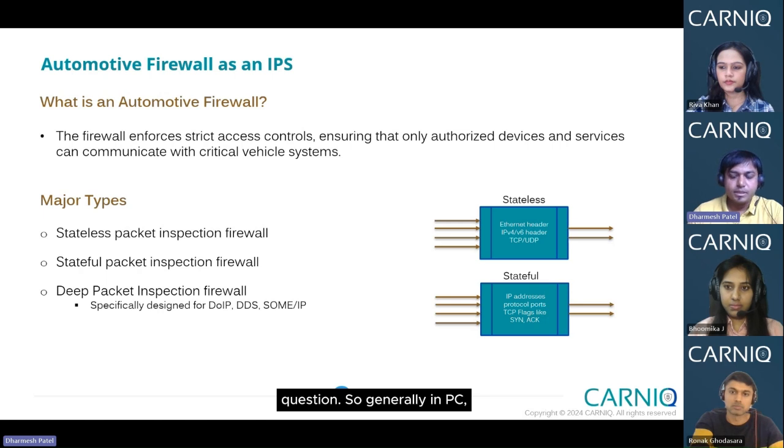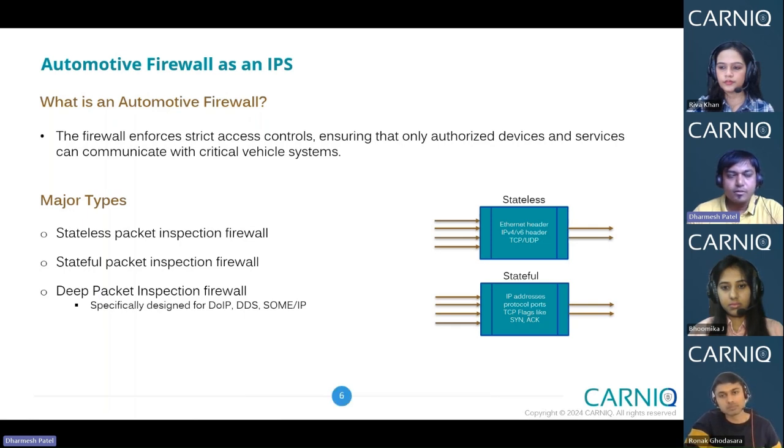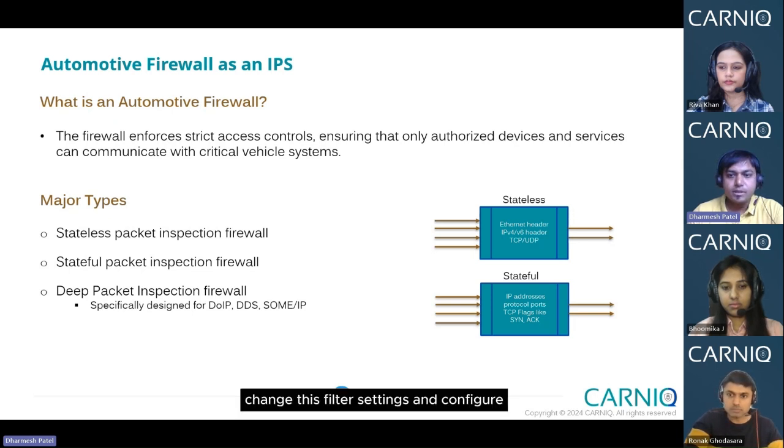Generally, in a normal PC or internet world, when a firewall is implemented, filters and rules are set. In future, if we identify, or antivirus finds, certain kinds of threats, then we can change these filter settings and configure new rules in the firewall, and that will be implemented similarly on the vehicle, as we have seen here.